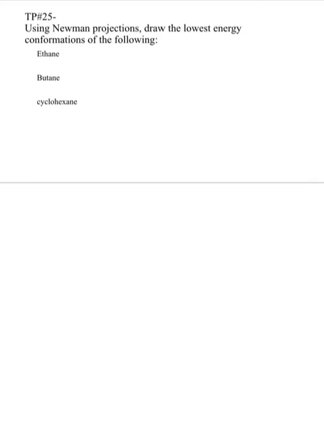Okay, using Newman projections. Newman projections are chapter 3, page 99. And also on page 101, you can see anti-staggered.